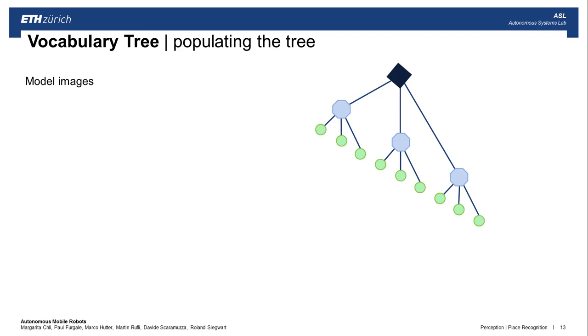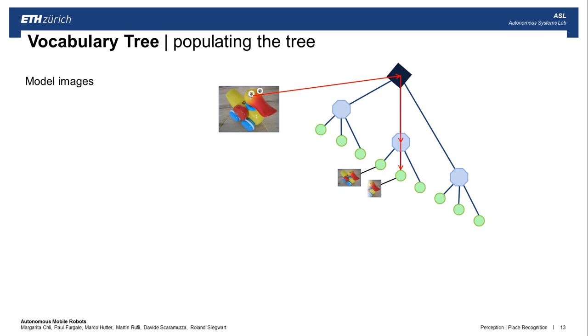Now, in order to populate this tree, we take some model images and we extract features from an image like this. So we let this feature pass down the tree one by one and attach a label or a copy of this image at the end of every node.